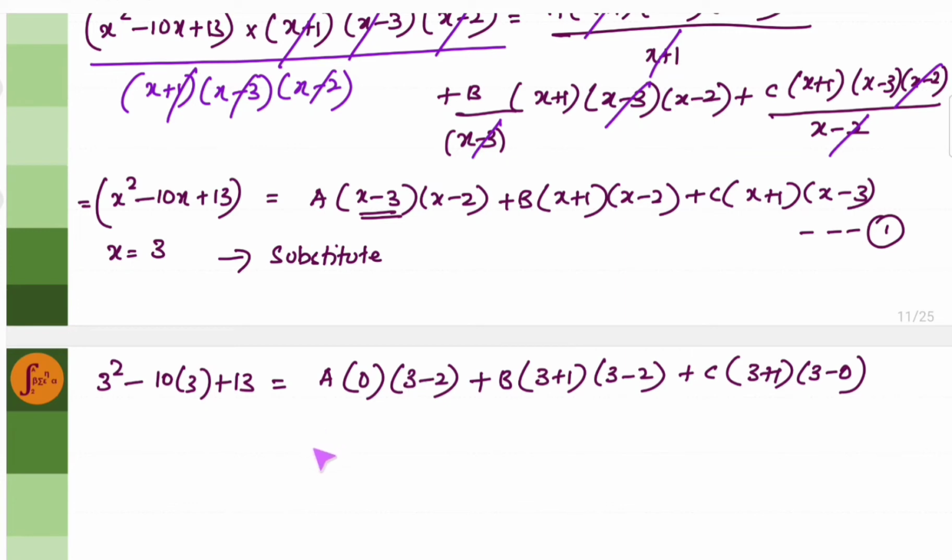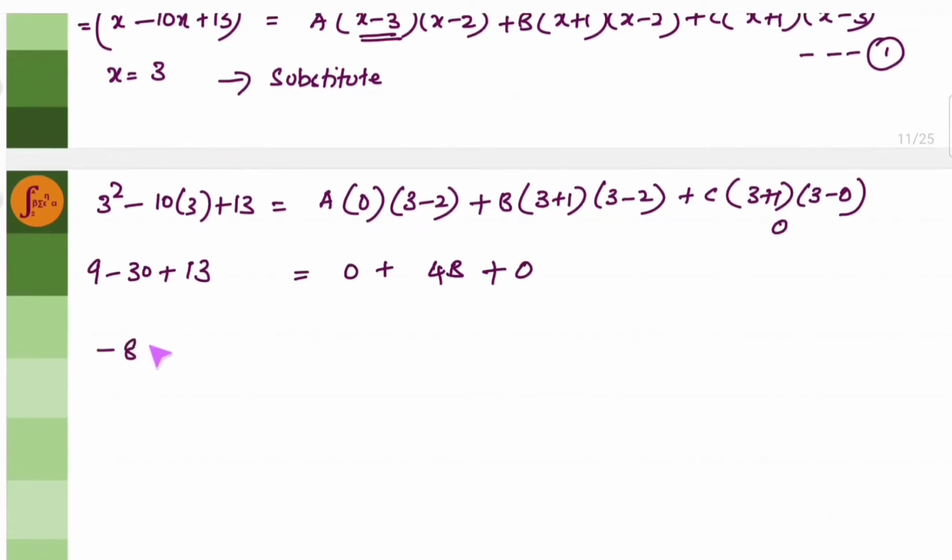Now since 0 here, this will become 0, plus b, 4b and 1, you get 4b, plus this is 0, this will become 0, right? And here we are going to get 9 minus 30 plus 13, you will get minus 8 is equal to 4b, which means b is equal to minus 8 by 4. So we get b is equal to minus 2.